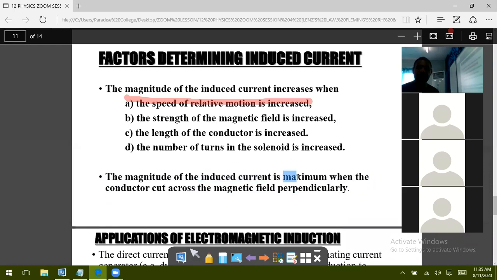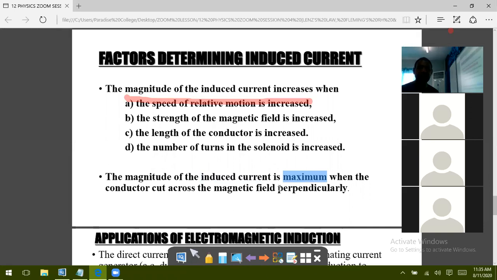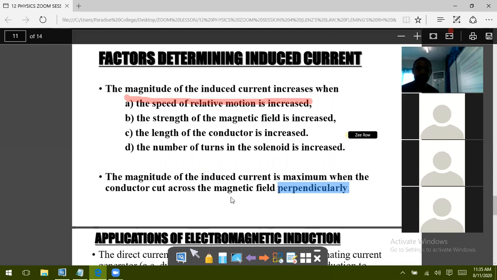It becomes maximum when the conductor cuts the magnetic field lines at 90 degrees. Those are the important factors that you have to remember.